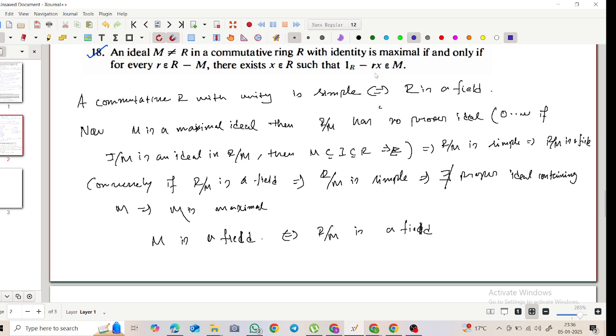Now, for this problem, let r belong to R minus M. So r plus M in R mod M has a unit, right? Because R mod M is a field.